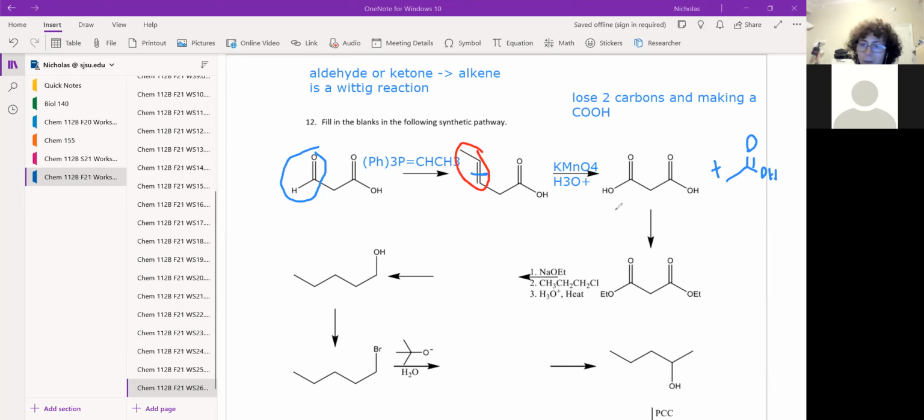And then we're going from carboxylic acids to esters. So how can we do that? Yep, Fischer esterification.